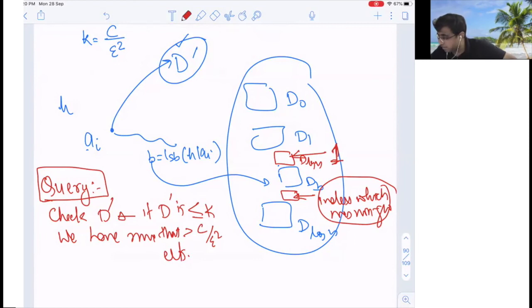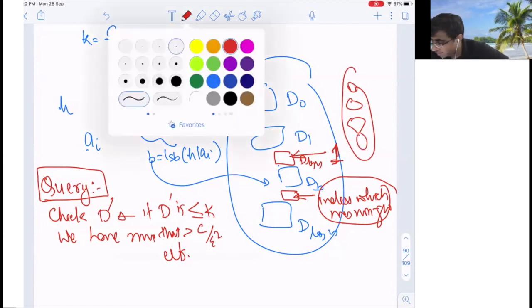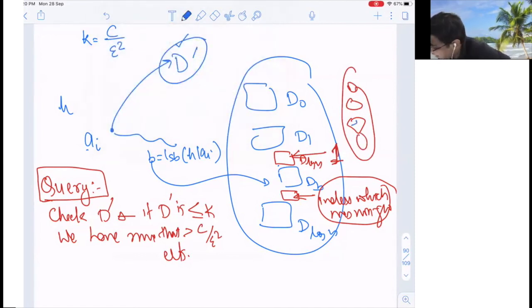So what is important for us are layers close to the highest layer, which is close to D log n.